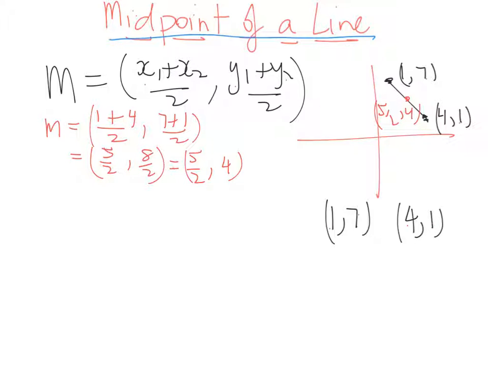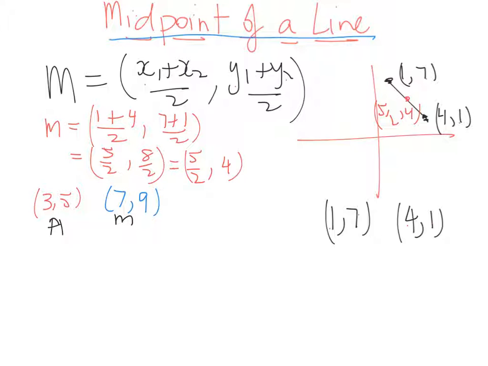The second thing they'll ask you to do is they will tell you that there is a point, say 3 and 5, and they will tell you that you have a midpoint. So this is A. Then you have a midpoint of 7 and 9.